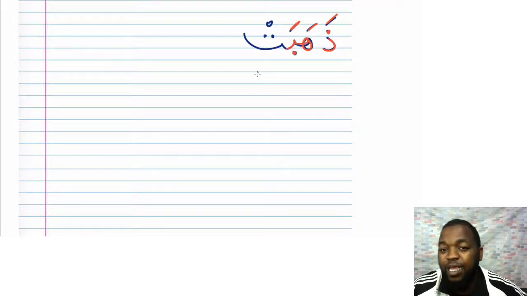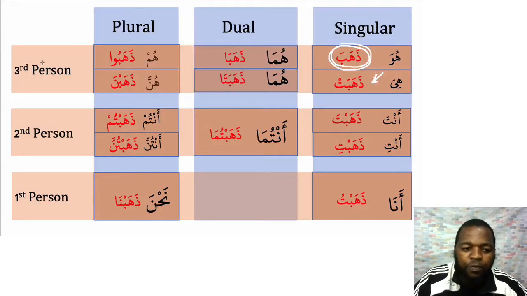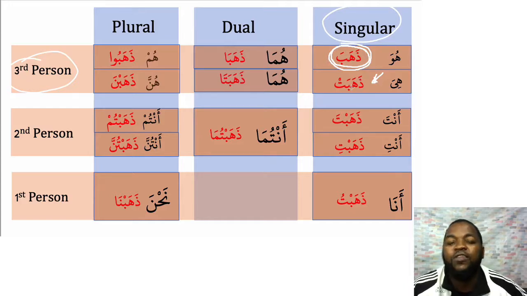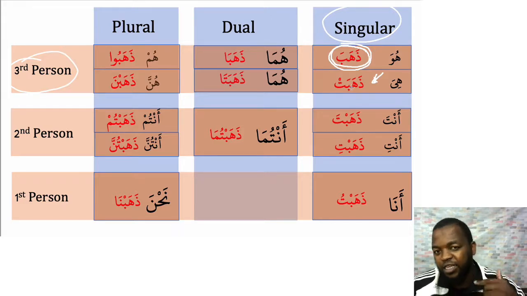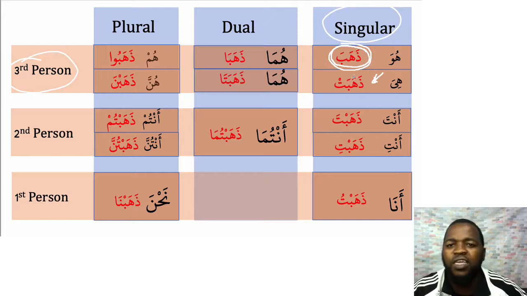And where is the subject? The subject, again, here it's hidden, right? So for the verbs in third person, singular, masculine and feminine, the subject is hidden. All right, you can't see it. Next lesson we'll develop this topic of the hidden subject and so on.